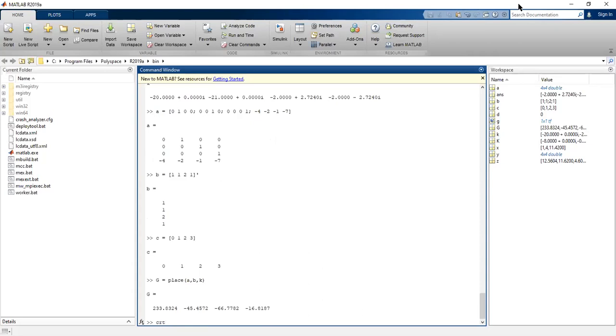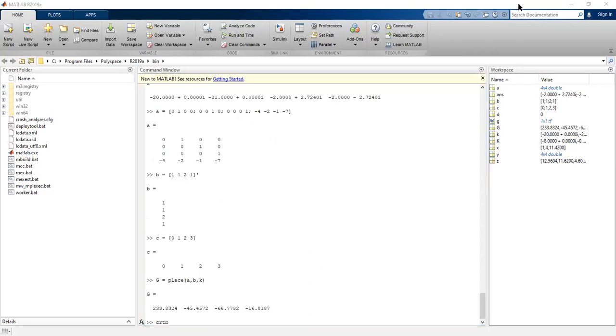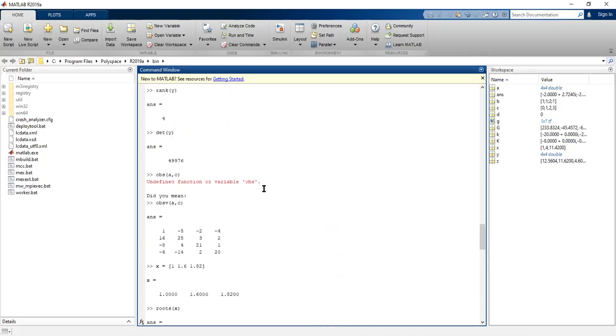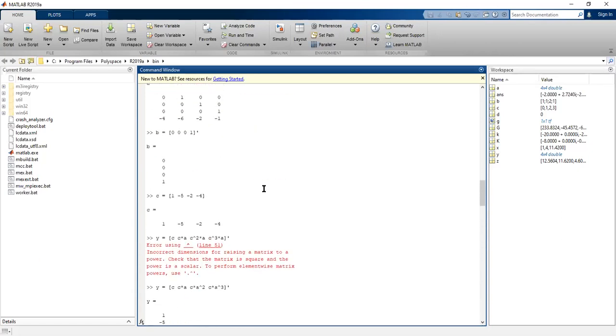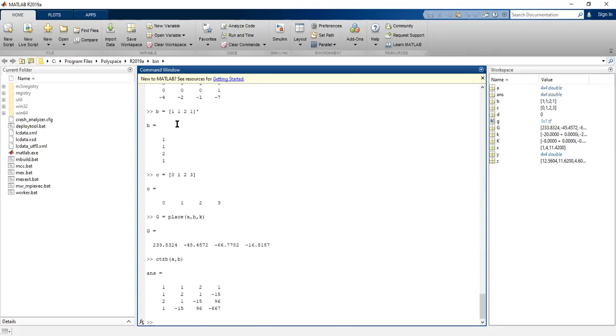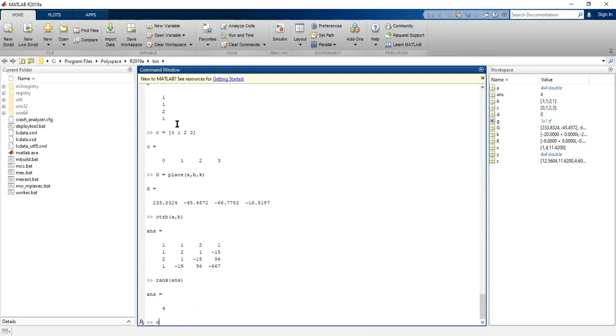CTRB, A and B. And then you find the rank of that or the determinant, whichever one your finger can reach the fastest. So therefore it's controllable.